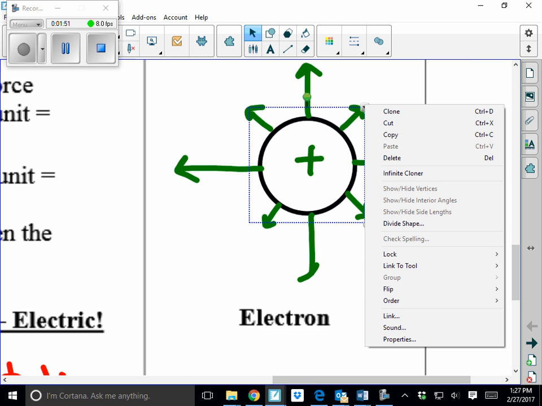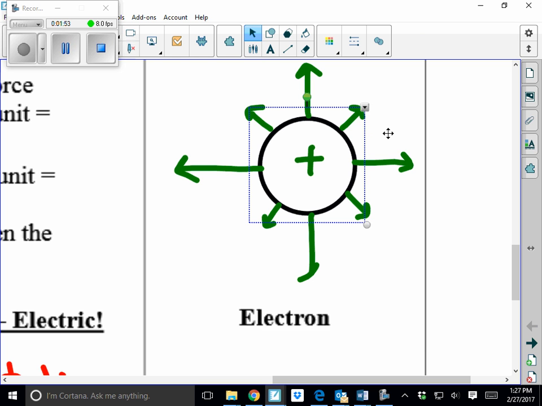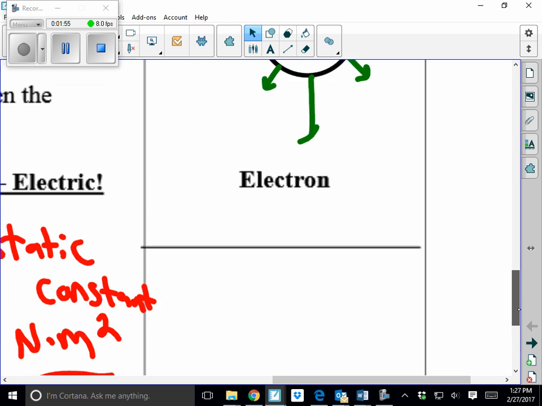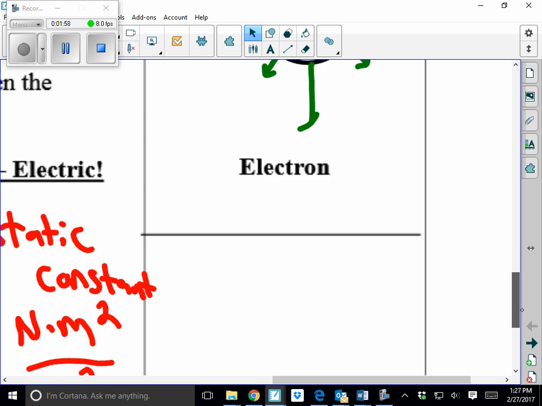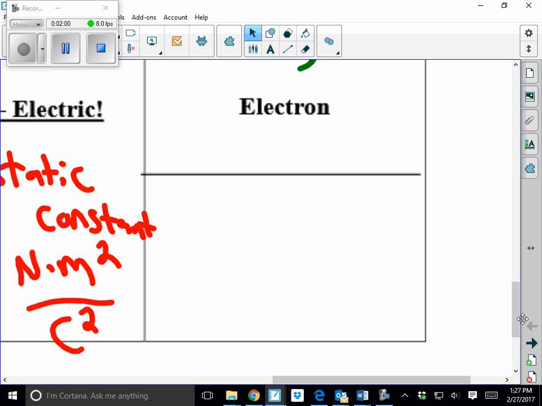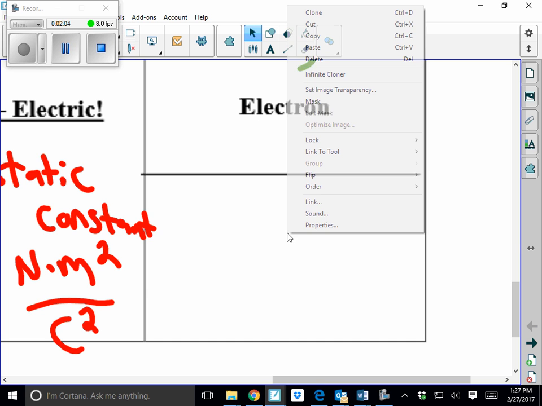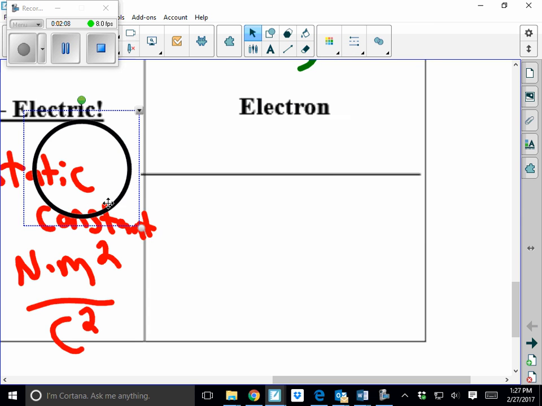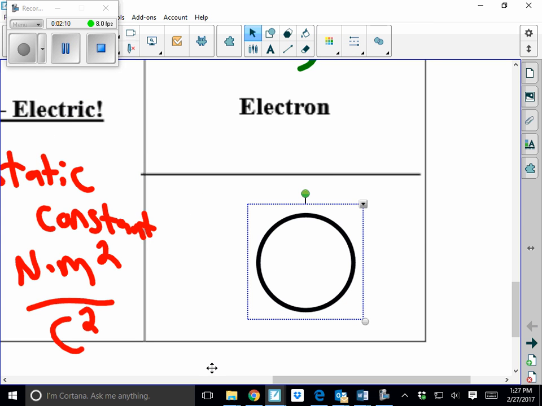In a similar fashion, with the electron we use a negative circle to represent the electron, and electric fields always go into electrons.